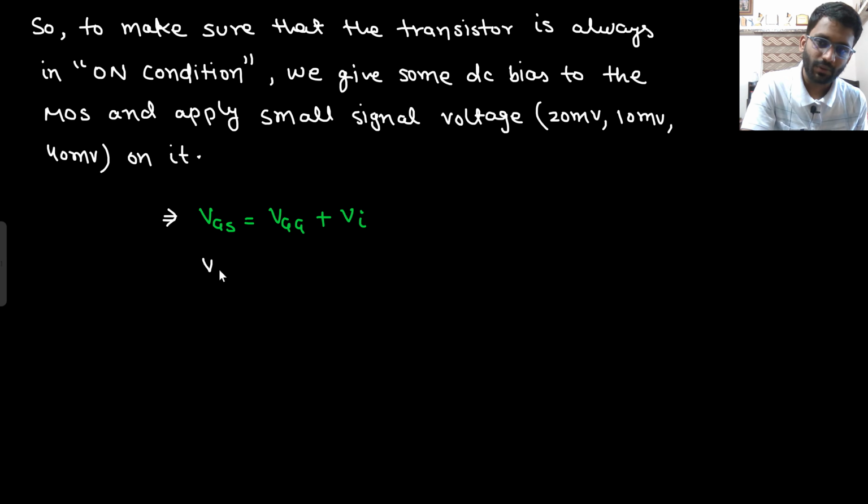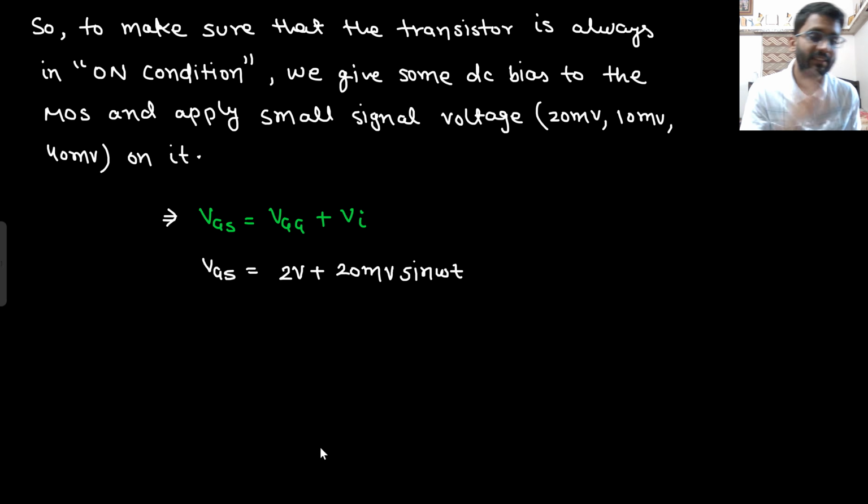So VGS would be DC bias plus the small signal voltage, that is 20 millivolts sin omega t. Since this is a small signal voltage, you will not have to worry whether it may turn off my transistor.